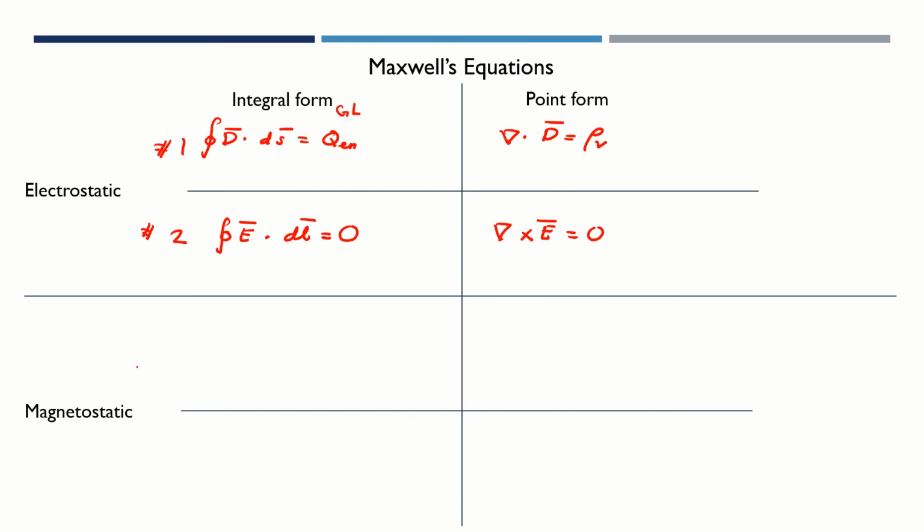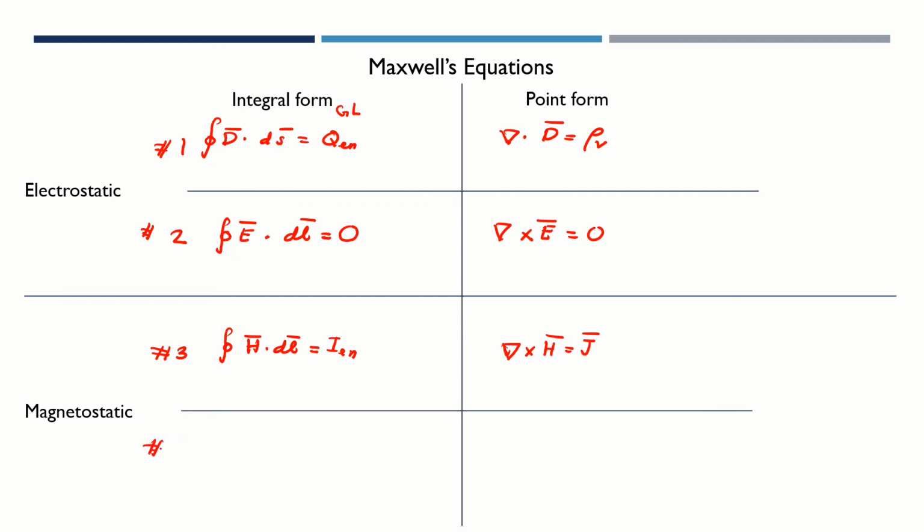And for the magnetostatic world, Maxwell equation number 3, closed loop integration H dot dl is equal to I enclosed, and the point form is curl of H equals J, the volume current density.